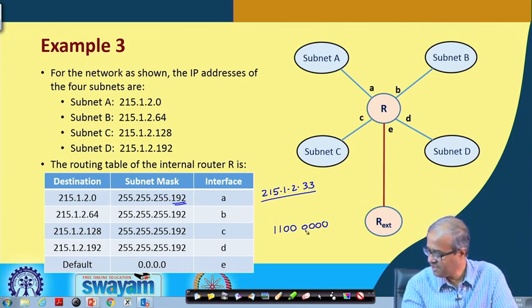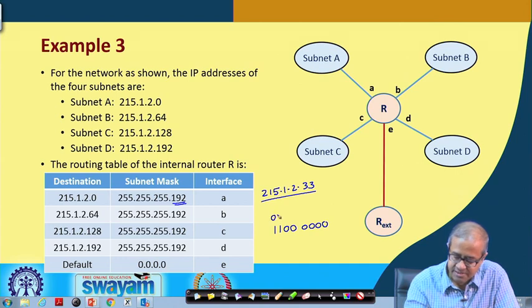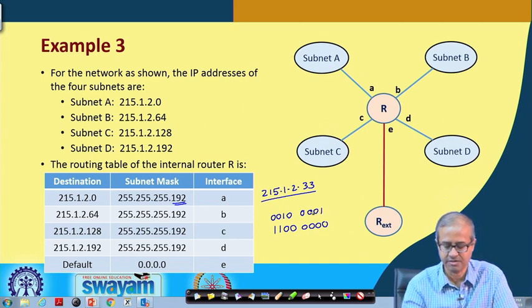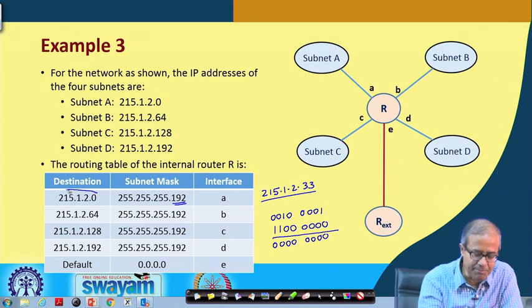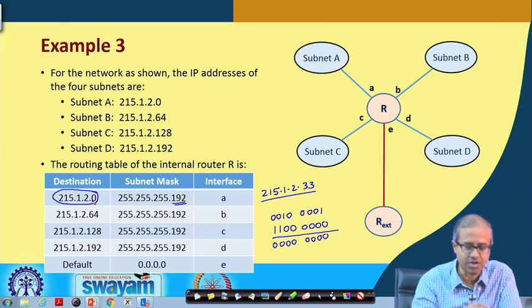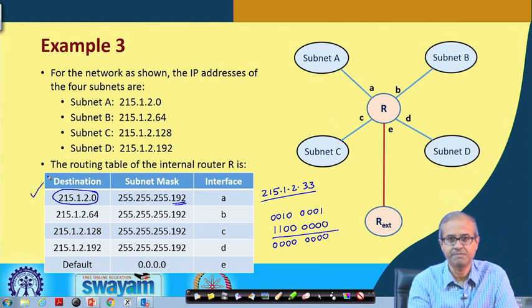What is 33? 33 is 0010 0001, that is 32 plus 1. If we do a bit by bit AND, it will become all zeros. So, the last byte will become 0. So, you see there will be a match with this 215.1.2.0. In the first row there is a match.